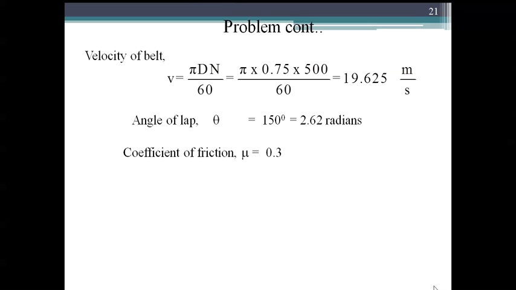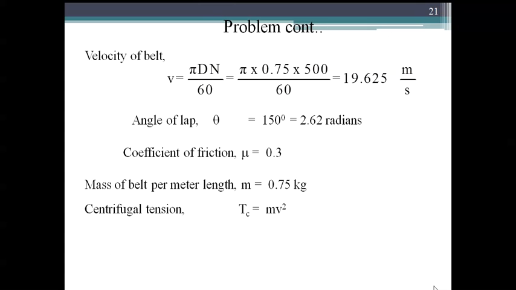That is converted into radians by multiplying by pi by 180. If you do 150 into pi by 180, theta is equal to 2.62 radians. Coefficient of friction mu equal to 0.3, and mass of belt per meter length is given as m equal to 0.75 kg. Here velocity is 19.625 meter per second, which is more than 10 meter per second.